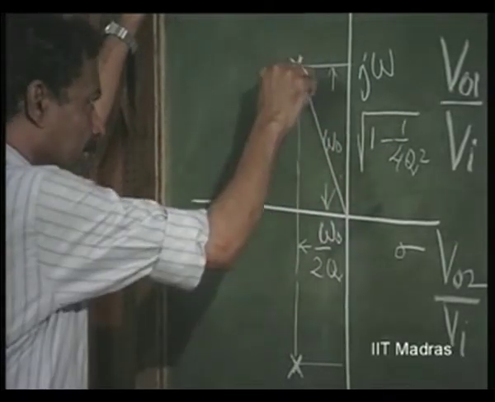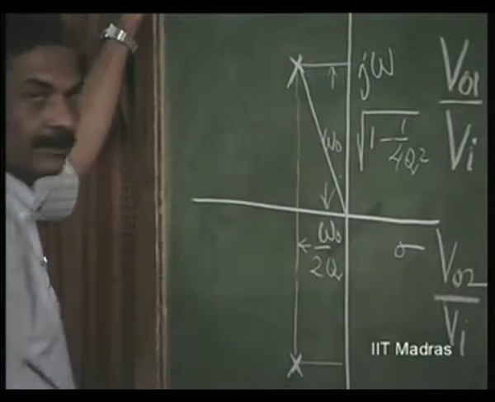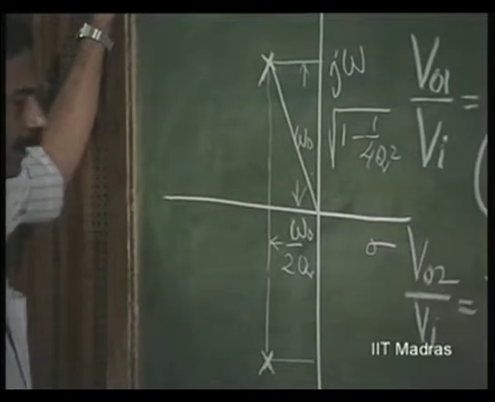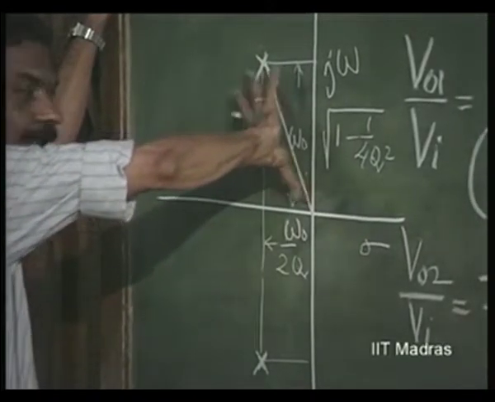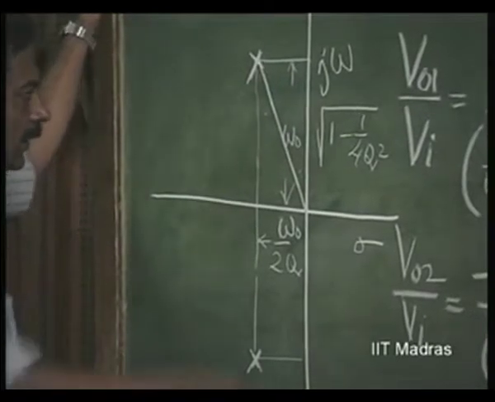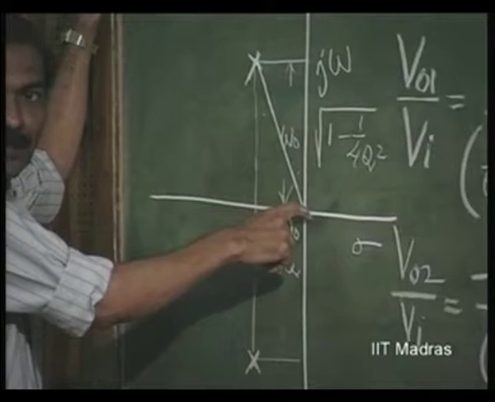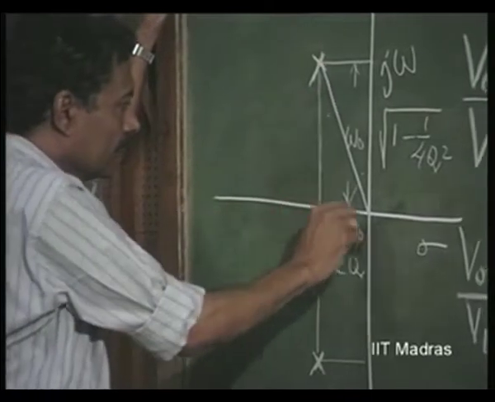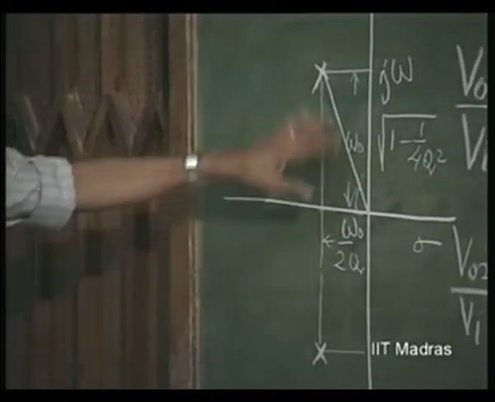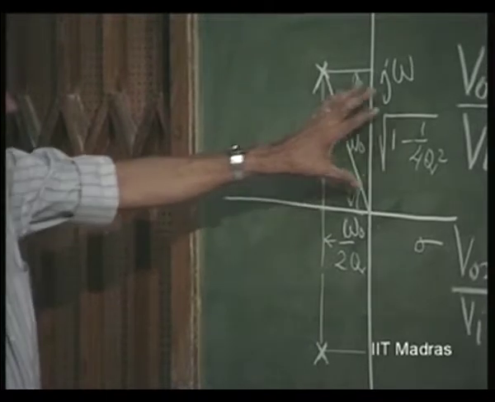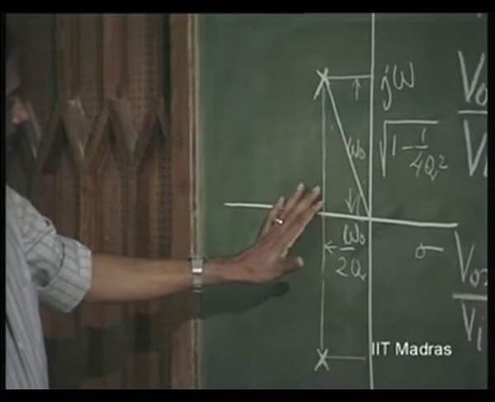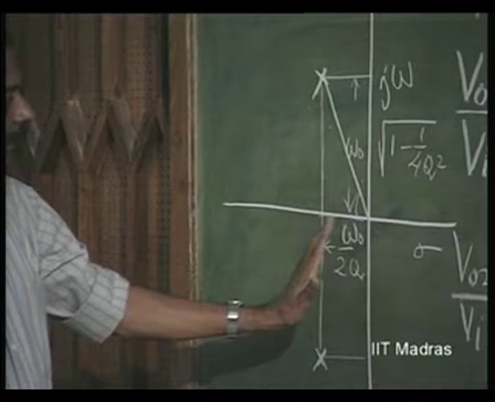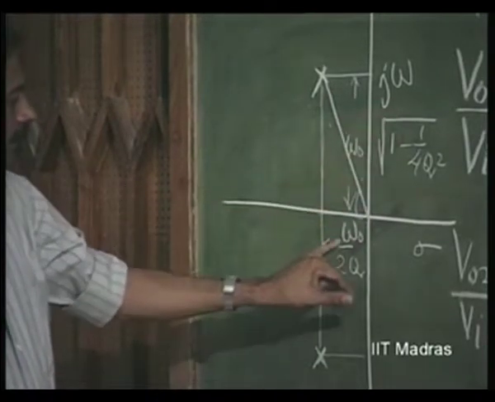Actually speaking, this is going to be unity in the normalized case. If it is normalized, it is unity and it is called unit circle. If it is not normalized, this radius is going to be omega naught, because this is going to be square of this plus square of this, okay. So, this theta angle is going to be nothing but this divided by this, tan theta, this divided by this 1 over 2q.